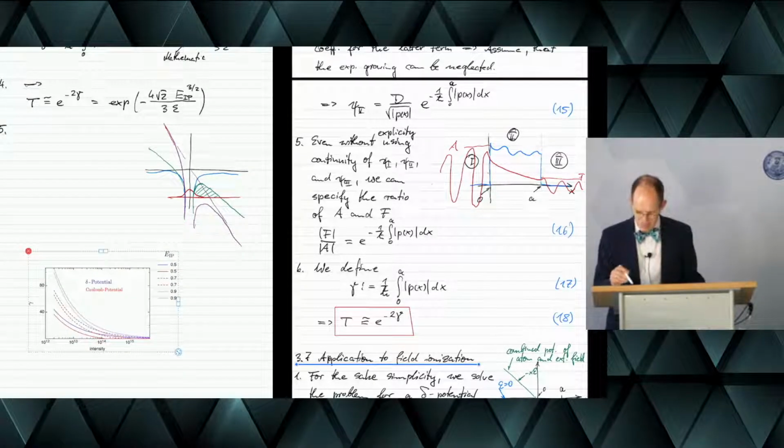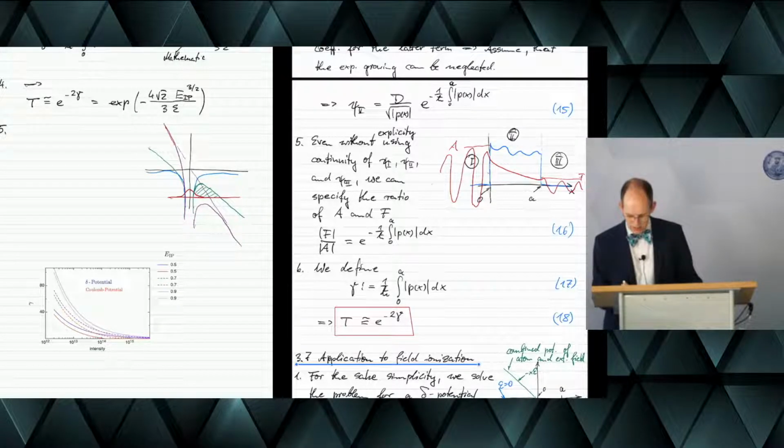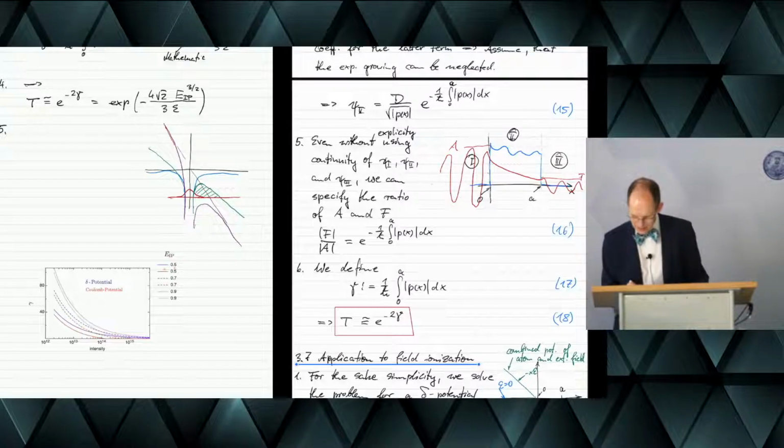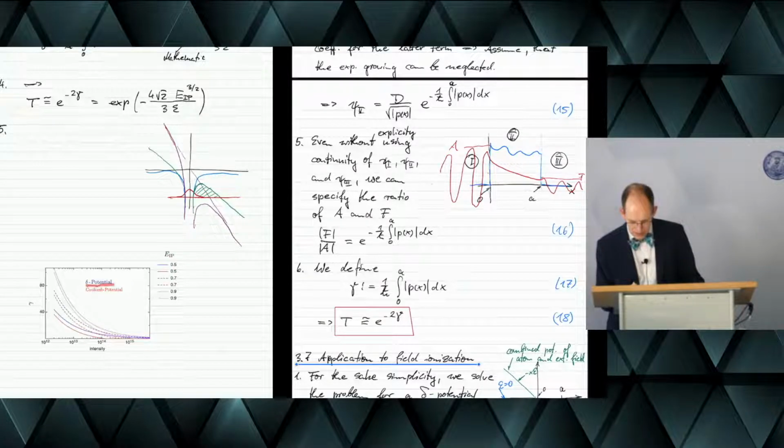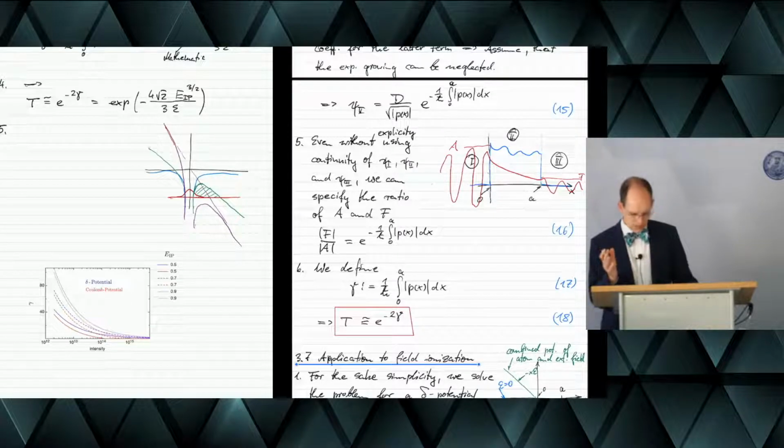I used different ionization thresholds, and I did it for the delta potential, shown here in blue, and I did it also numerically for the Coulomb potential, which is easy enough. And you see here I have 0.5, which would correspond to the hydrogen atom.